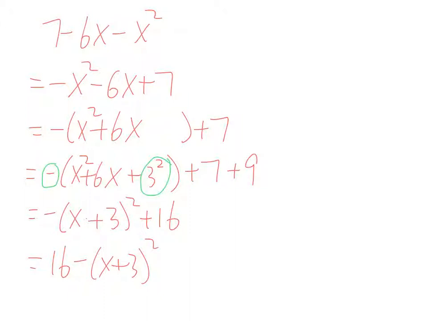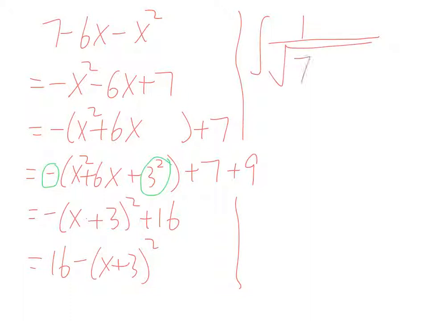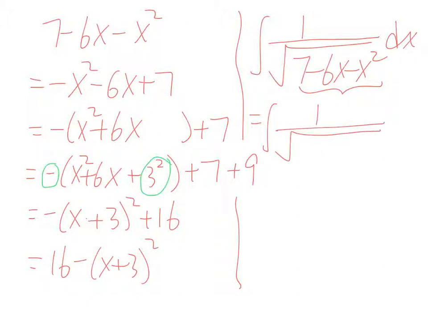Again, in our class, in our course, this is what's expected. What if we're given a problem that looks like this, say the integral of 7 minus 6x minus x squared dx, and only if you can complete the square, then you will realize 7 minus 6x minus x squared is really 16 minus x plus 3 quantity squared, so that can go by sine substitution.